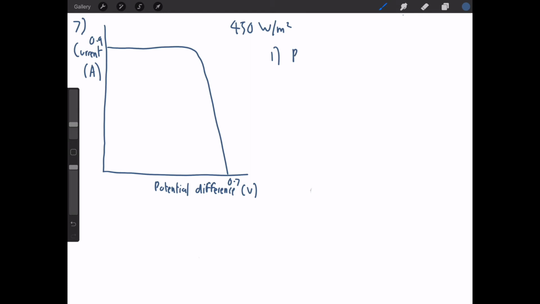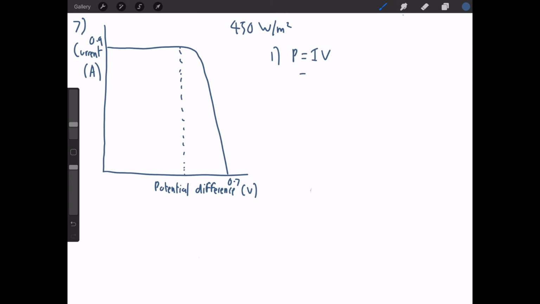So the power equation is P equals IV, current times voltage. Voltage 0.5, I've not drawn it on, but it's about there. Use a ruler, go straight to the top, and we can see what it should be. I think it's 0.91, but there's probably some margin for errors in that.